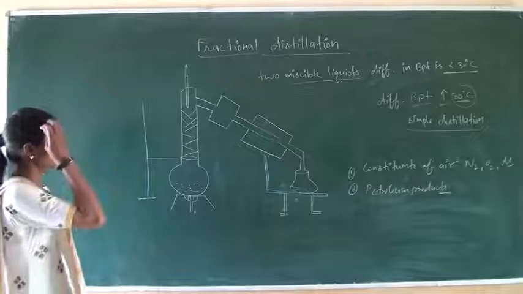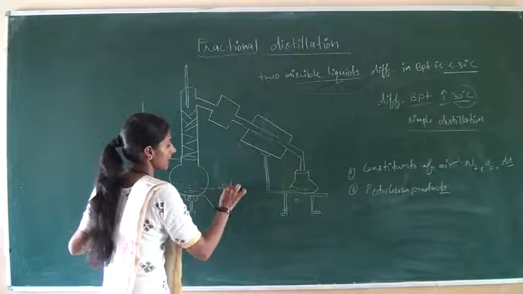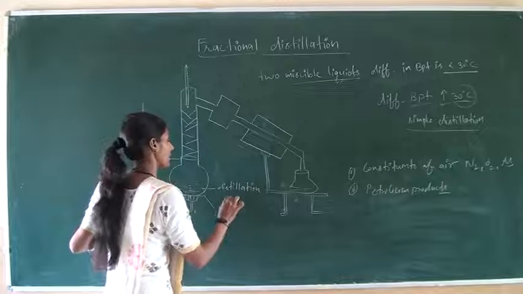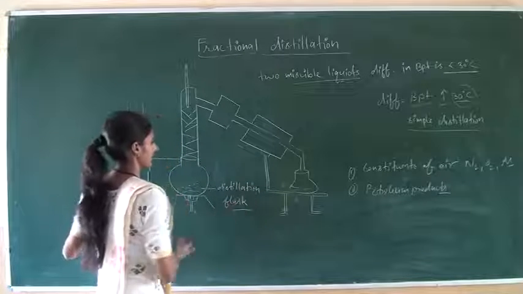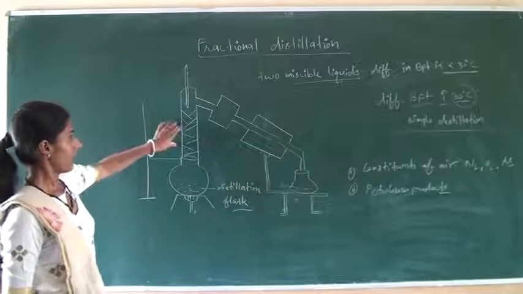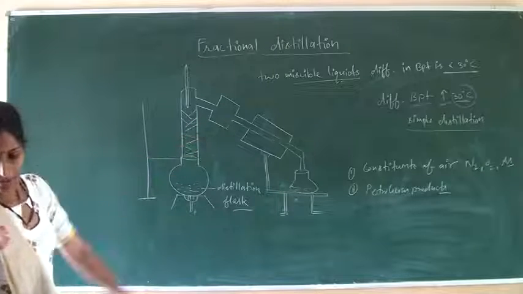In this method, this is the distillation flask. What is this? This is the distillation flask, and this tube is the fractionating column.